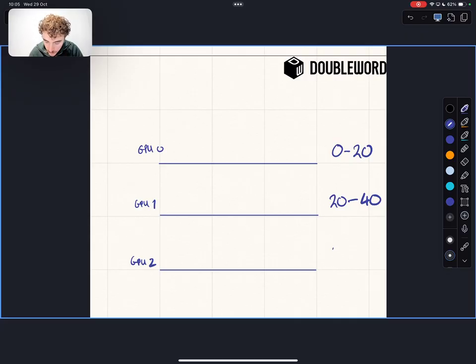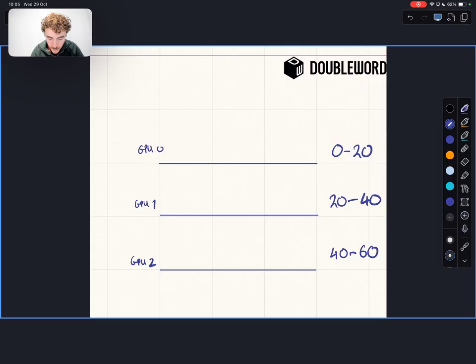And on GPU 2, I'll store layers 40 to 60. You could do this without any real power. If I just did this and sent a request into this setup, you can actually inference it really simply without any sort of parallelism.